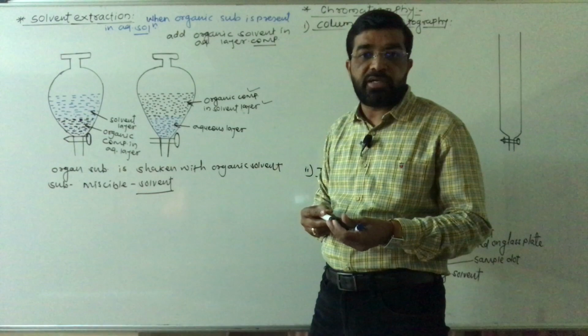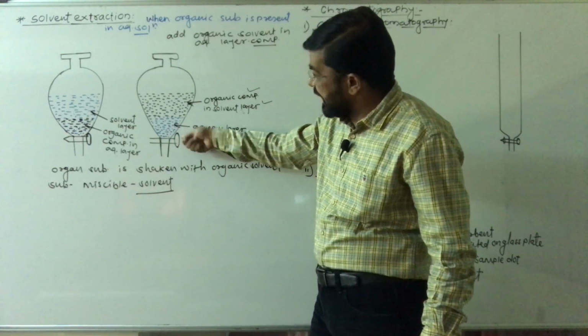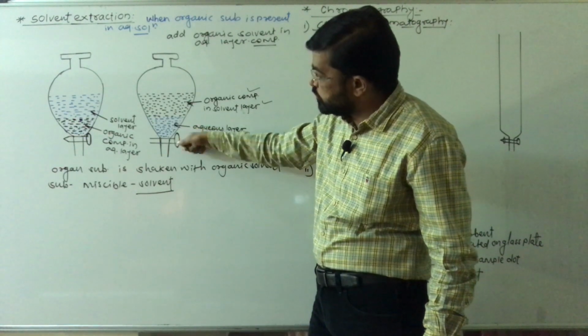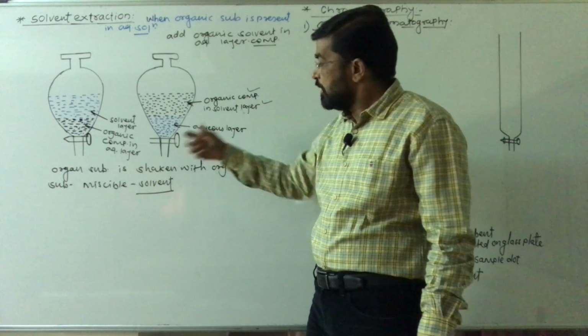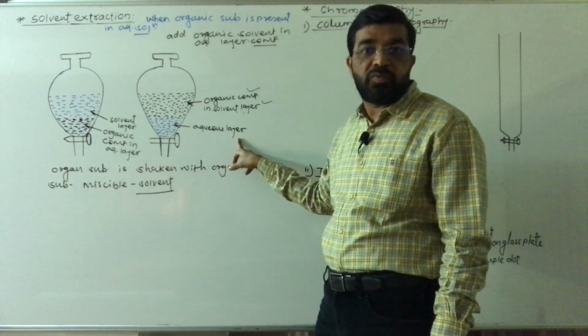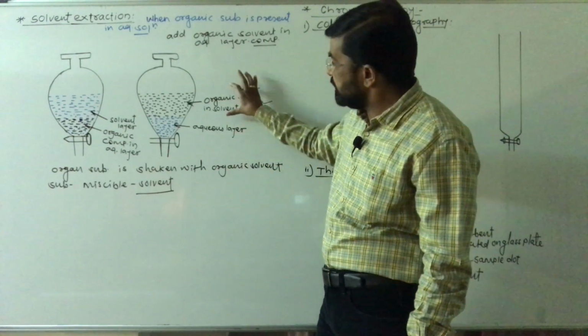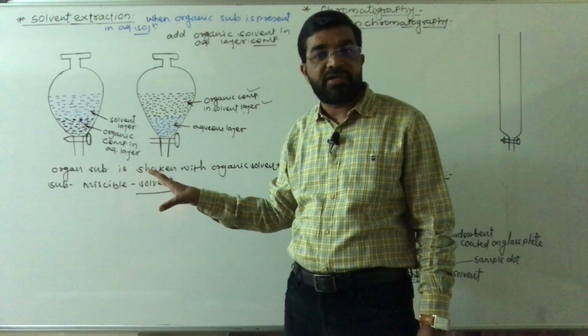Now we can separate this aqueous layer by using this stopcock. When we open this cock, we can collect the aqueous layer in one beaker. And what is left here? The organic compound in the solvent layer is left.